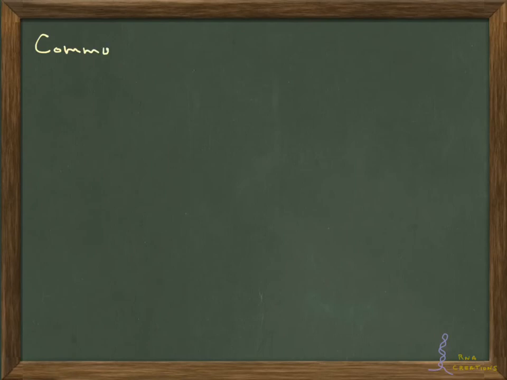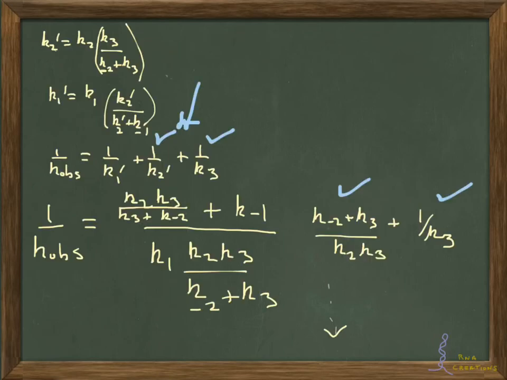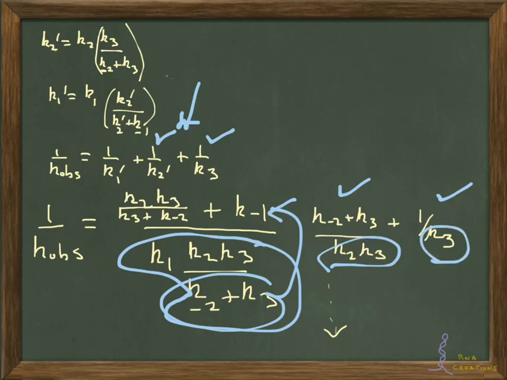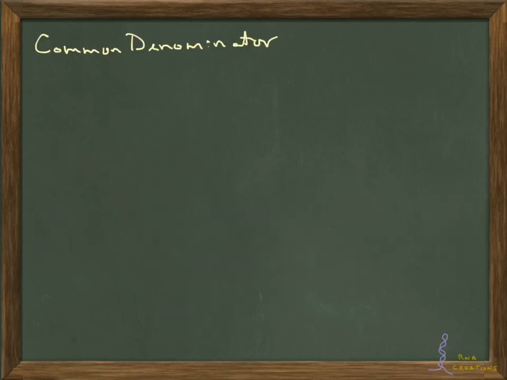You make a common denominator, and if you look at this, you can see that these two are going to flip up on top, and your common denominator is going to be k1, k2, k3. So you multiply this by k1 over k1, and this by k1, k2 over k1, k2, and you get a common denominator of k1, k2, k3. Okay?